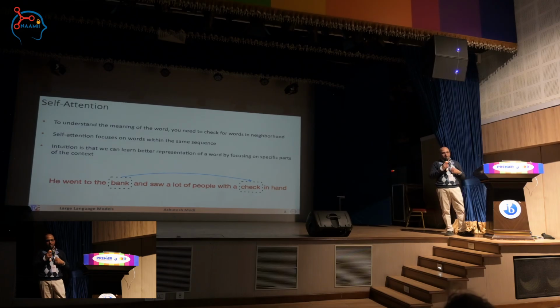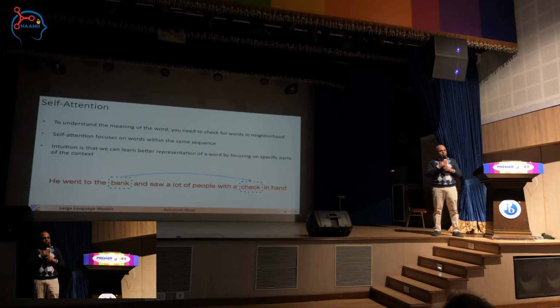I start asking the people around me, which are the other words in my vicinity. I'll go to a word and ask, are you similar to me, or what can you tell about me? Let's frame this problem in terms of a database. In a database, you have a key for each entry, and then someone puts a query.